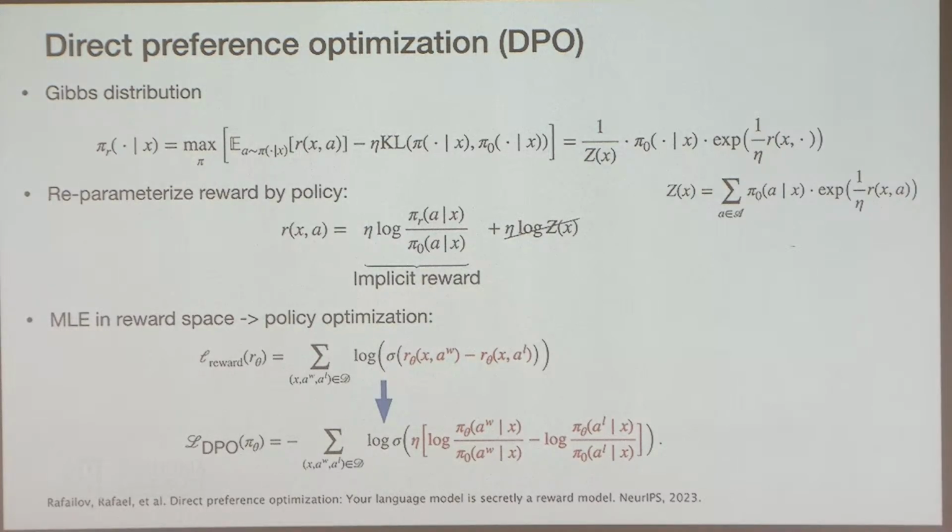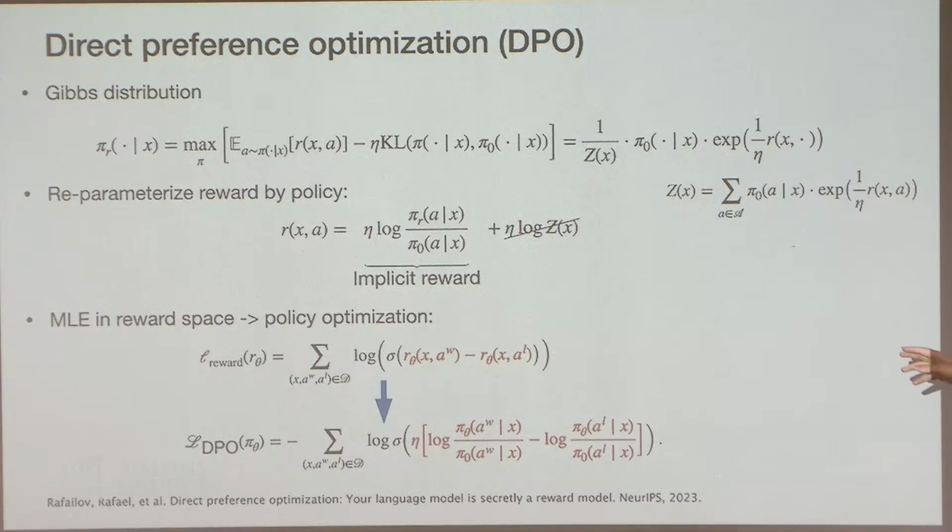So maybe we can directly use this closed-form solution to sample. Unfortunately, no, because you also have the partition function, the normalization constant of this distribution. To really compute this normalization constant, you need to go over all the potential responses. It's at least exponentially large, or basically infinitely many. But we can still try to leverage this closed-form solution.